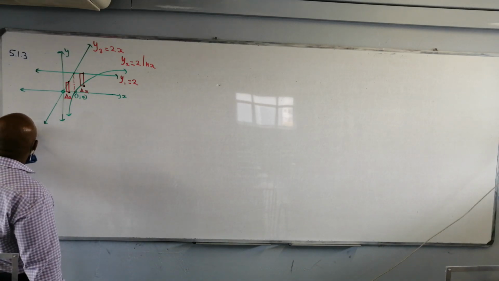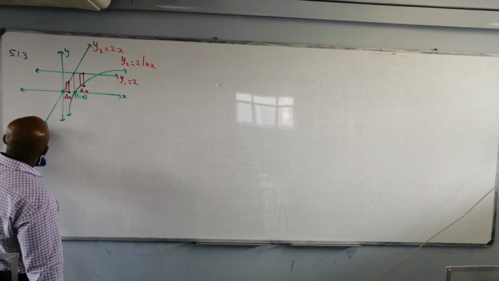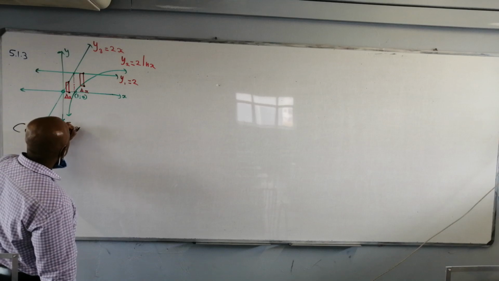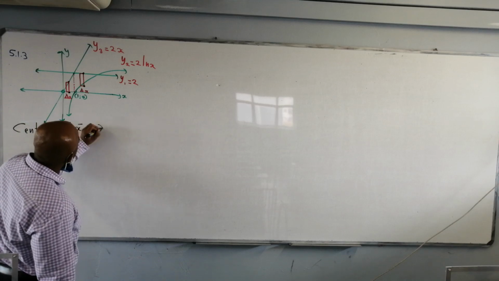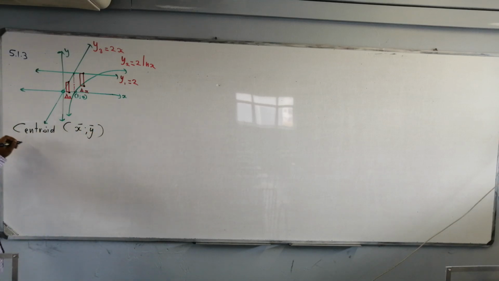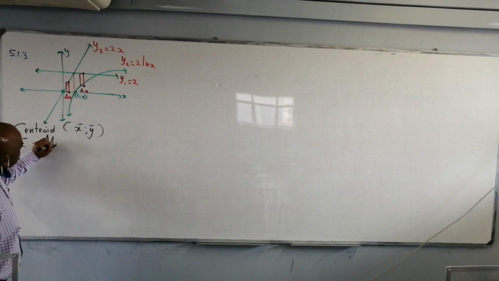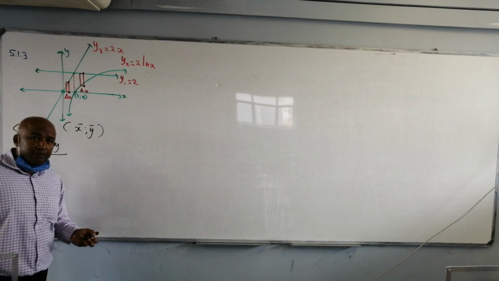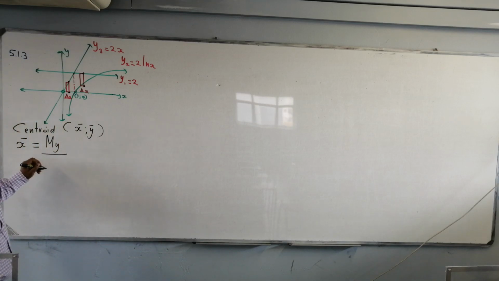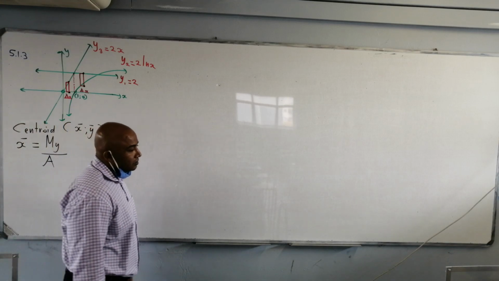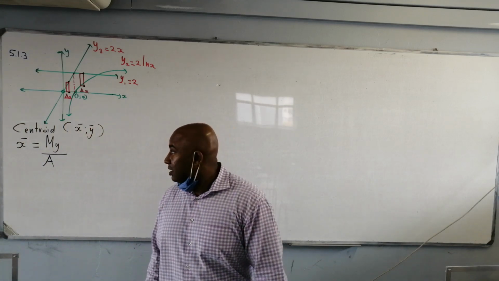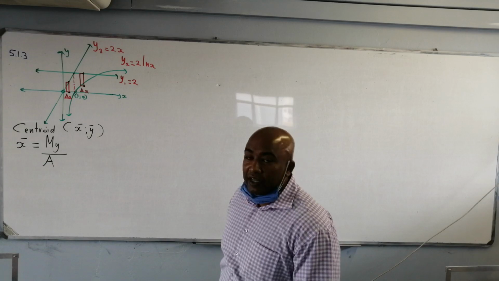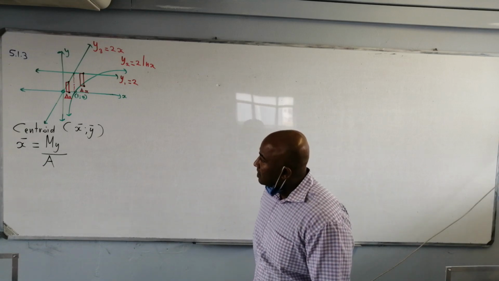So you have said the centroid, we want x, so therefore x is equal to... we are choosing a representative rectangle with a breadth of delta x.